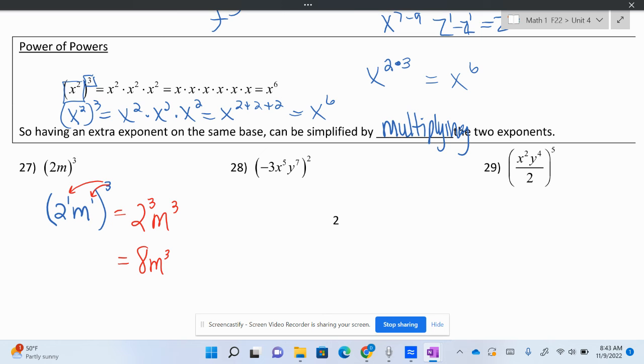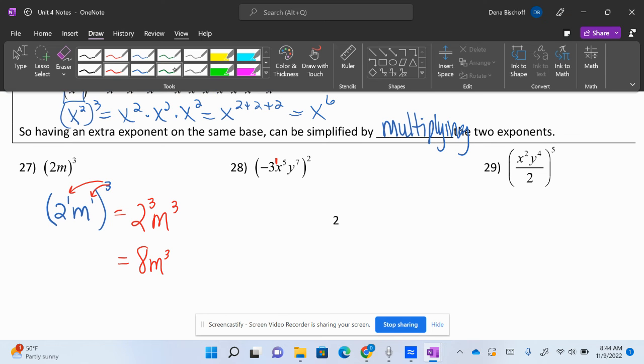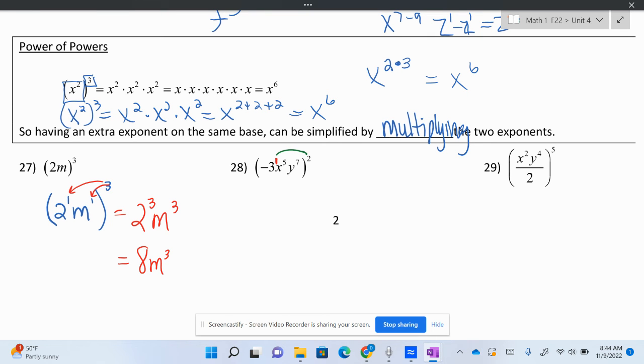So think about what I did. There was no power or exponent on the 2 and the m, but remember that it's understood that those are to the first power. So I put ones there so that I know when I'm multiplying everything by that 3 on the outside. So when we look at number 28, I'm not going to rewrite this one. I'm just going to squeeze a 1 right there because the -3 is the only thing that does not have an exponent on it. So if I distribute this, that becomes -3.